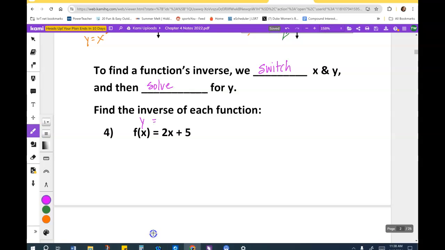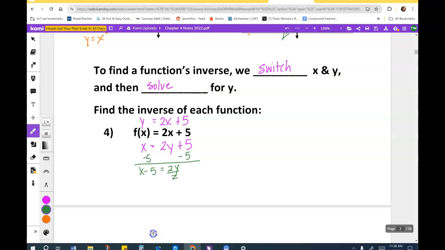So this is the same thing as y equals 2x plus 5. To find the inverse, the first thing I'm going to do is switch my x and y. So this is going to be x equals 2y plus 5. Now I'm going to solve for y, so I'm going to get y by itself. I'm going to subtract 5 from both sides, so I have x minus 5 equals 2y.